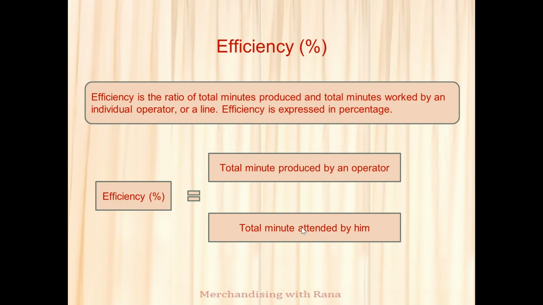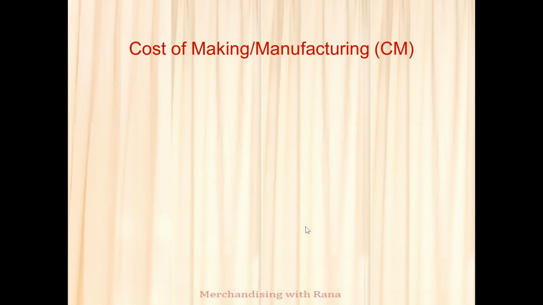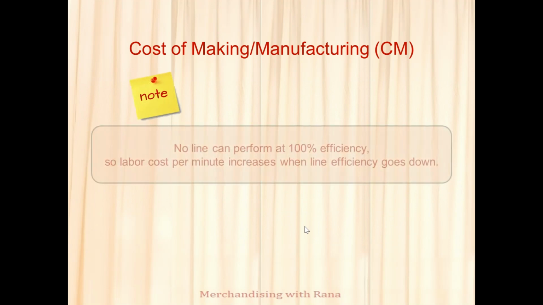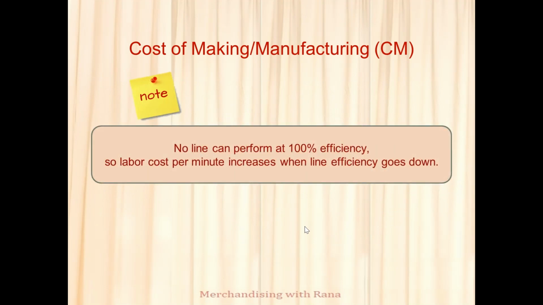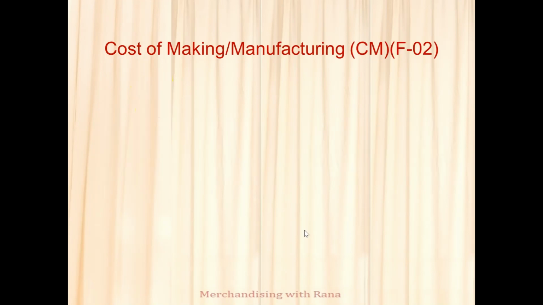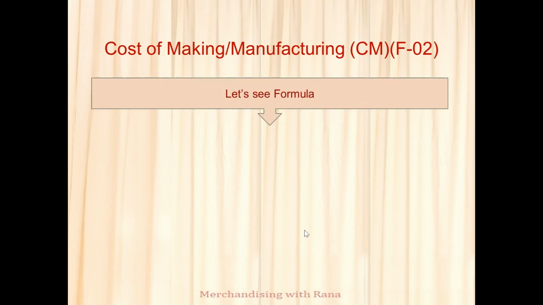Efficiency is equal to total minutes produced by an operator divided by total minutes attended by him, into 100, because we express it in percentage. Note, no line can perform at 100% efficiency. So labor cost per minute increases when line efficiency goes down. What is that? I will explain later.